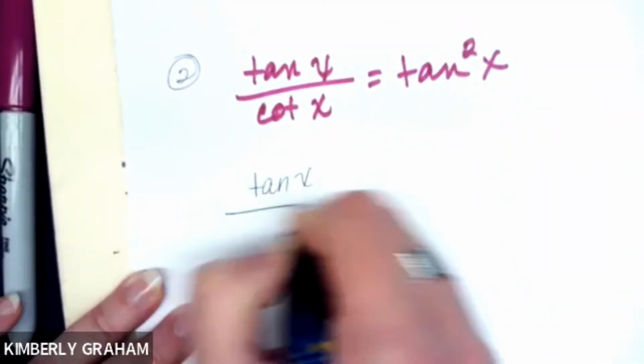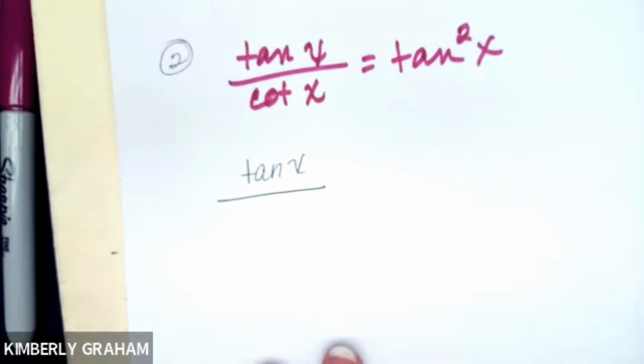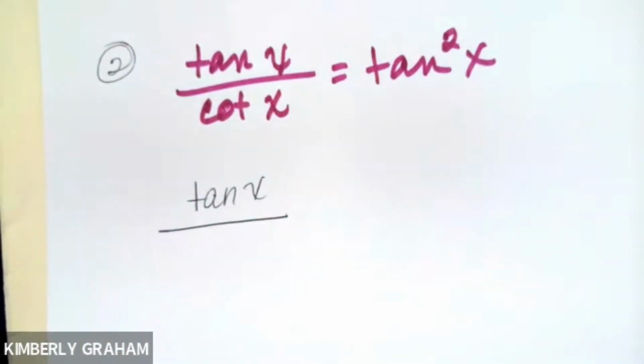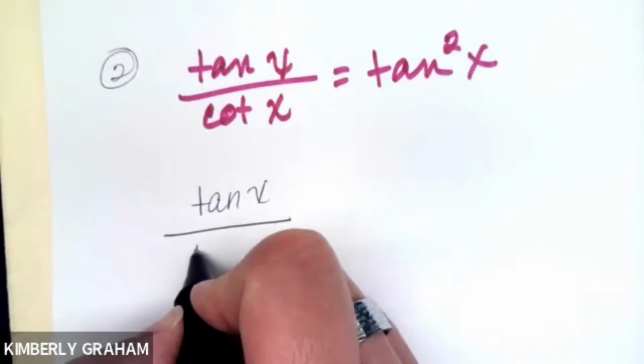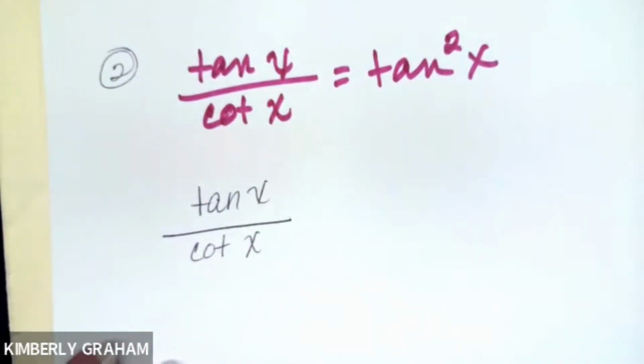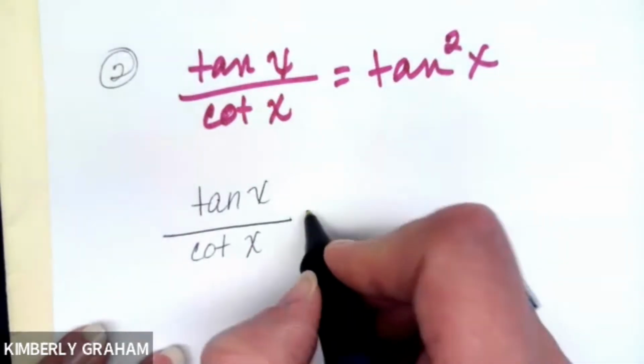Now, technically, you could start with either side. You don't normally want to start with the more complicated side and simplify it or change it around to make it look like the other side. But I think on all of the problems that we are given, the left side is the more complicated side. So that's where we're going to start.